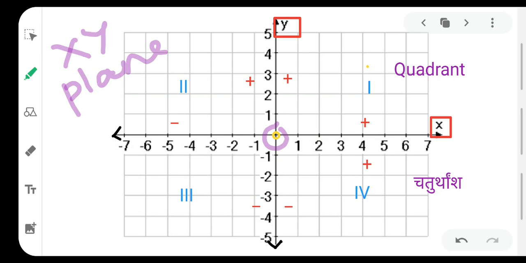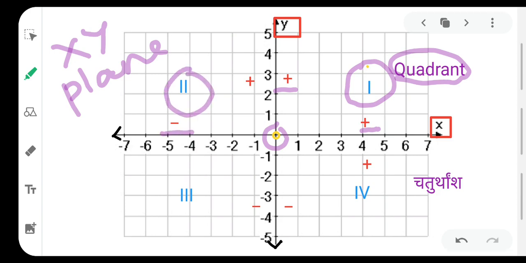Now we see that the surface has been divided in 4 parts. They are called quadrants. In the first quadrant, X and Y axis both are positive. In the second quadrant, X-axis has negative numbers and Y-axis has positive numbers.